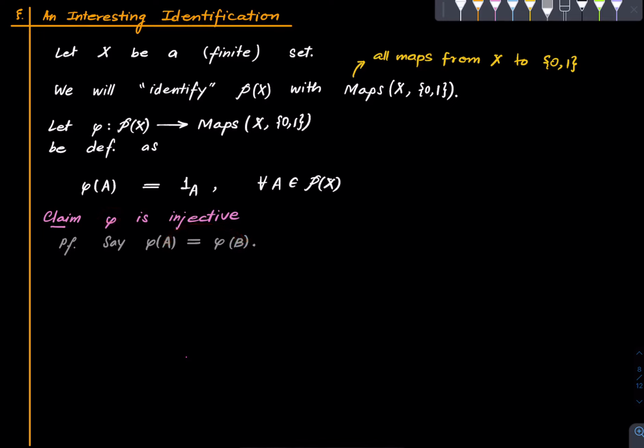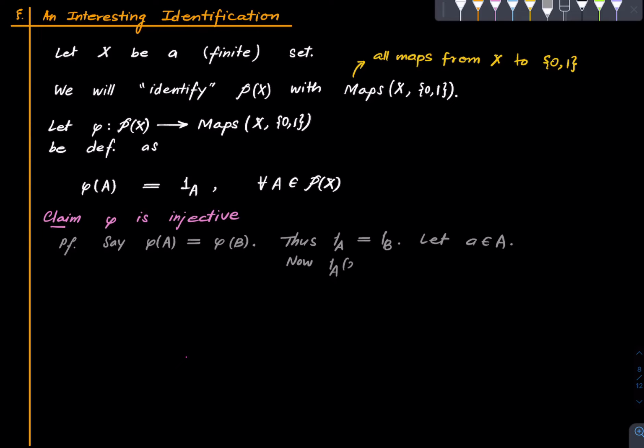So thus the indicator functions are the same. Now let little a be in A. We will show that it is also in B, and that's very easy.